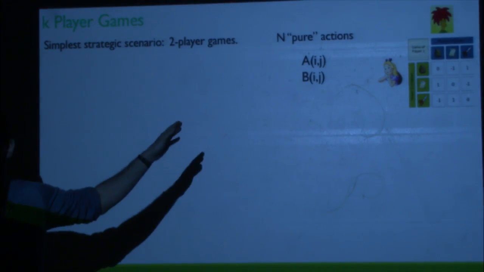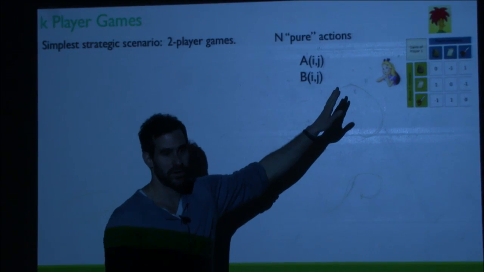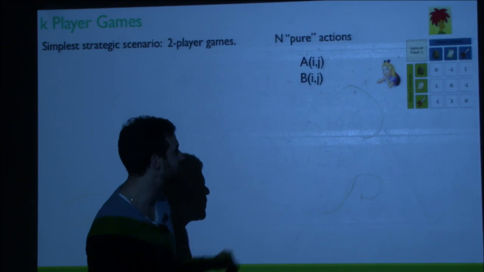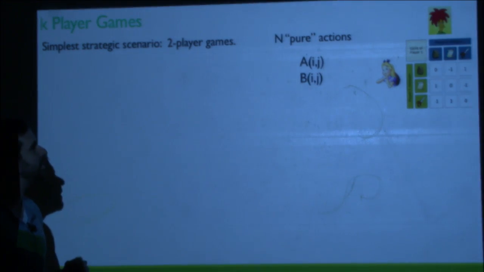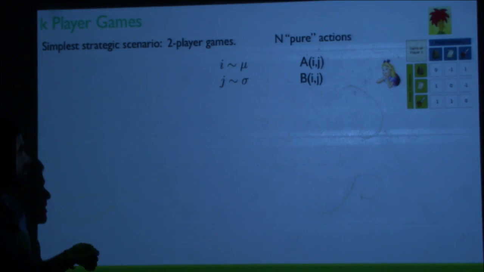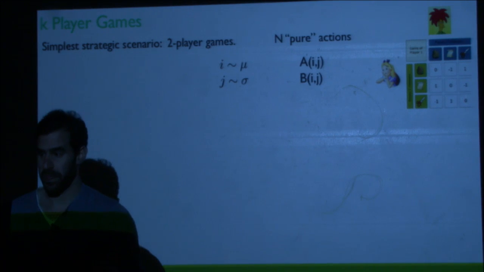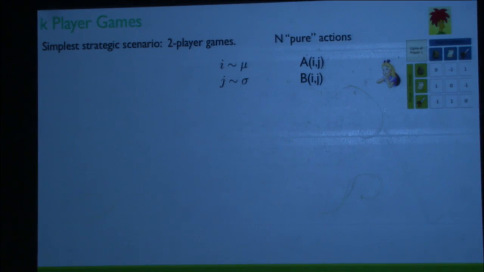I just want to stress that we will not be focusing on zero-sum games. This is just for simplicity, just for illustration purposes. And in the actual game, we allow the players to randomize their strategies. So they're allowed to choose pure actions from some distribution on strategies.